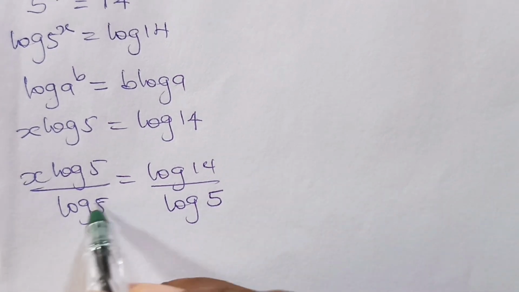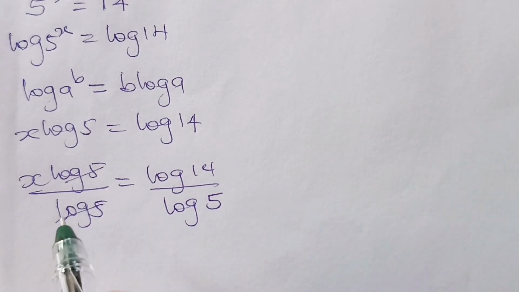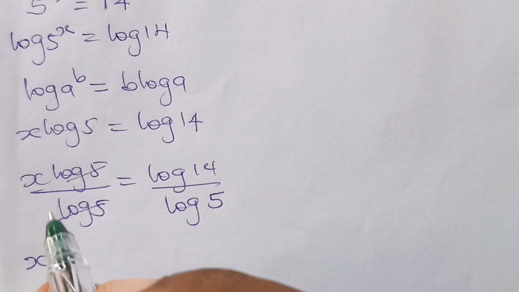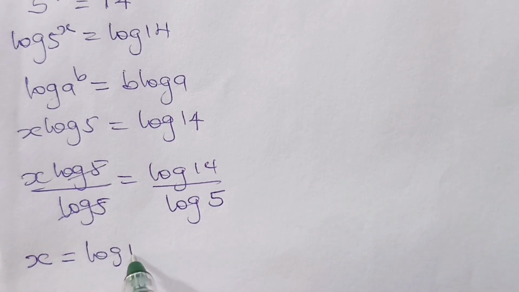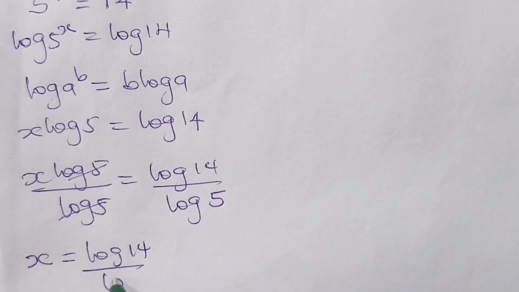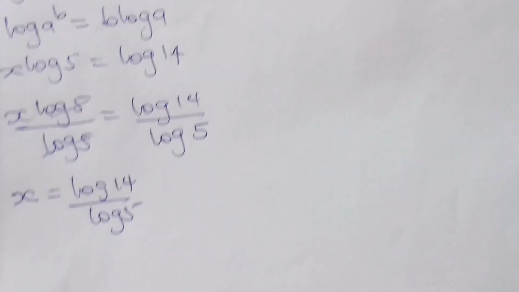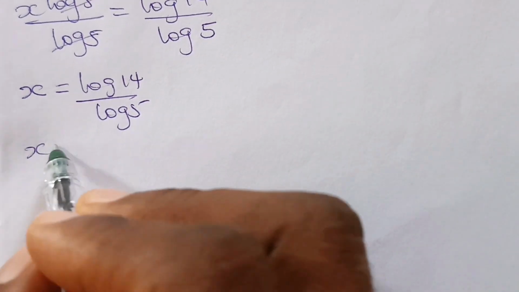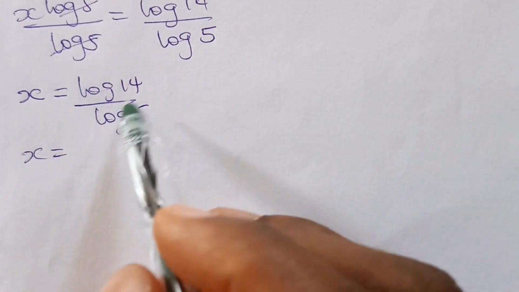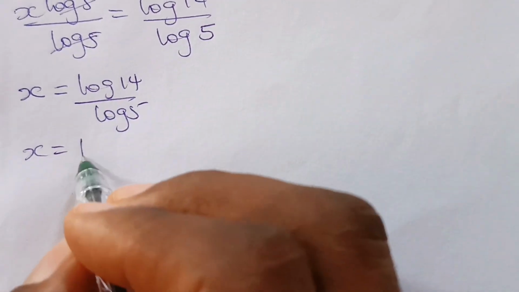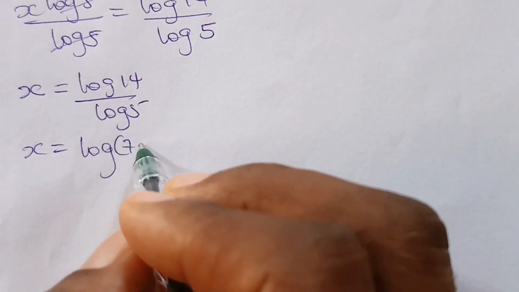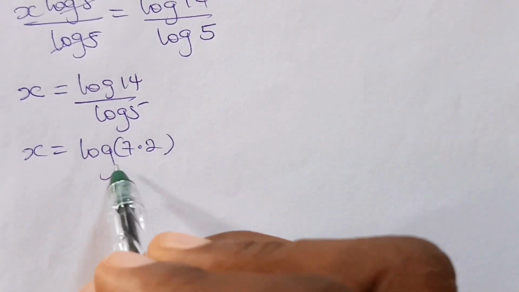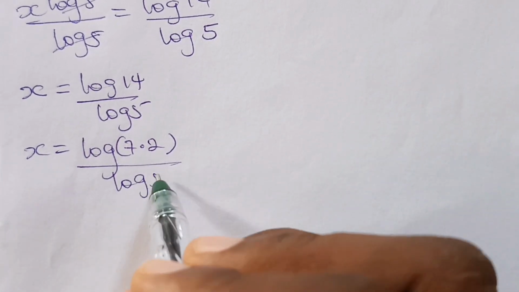Now we cancel log 5, and we have that x is equal to log 14 divided by log 5. Recall that log 14 can be expressed as log 7 multiplied by 2, divided by log 5.